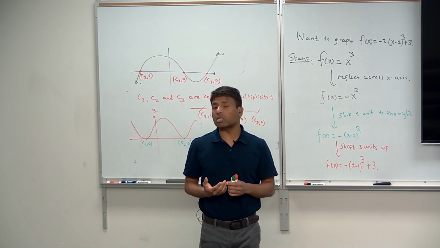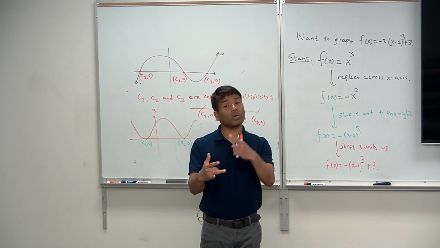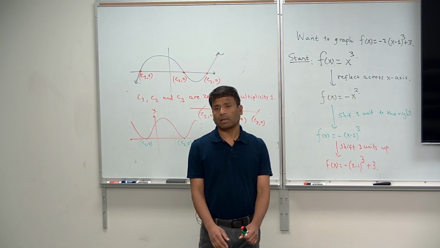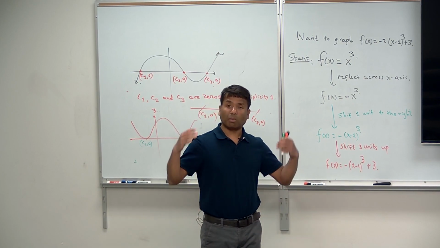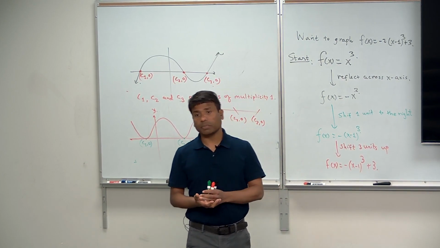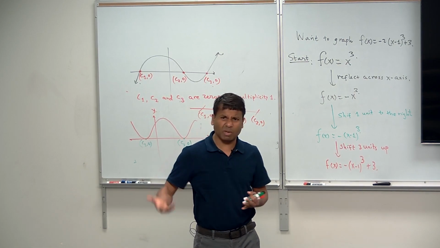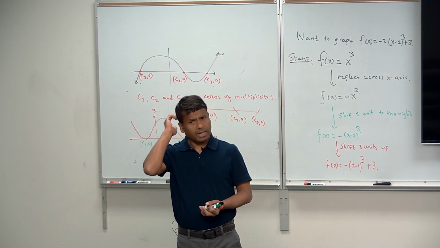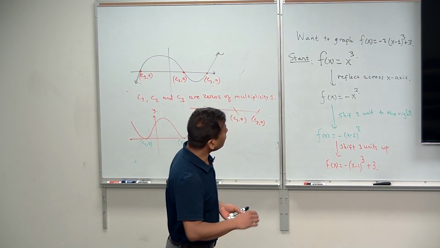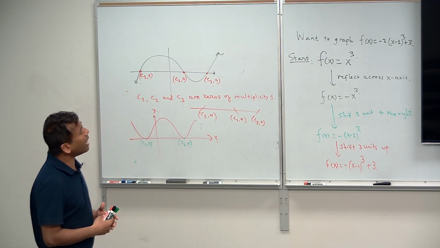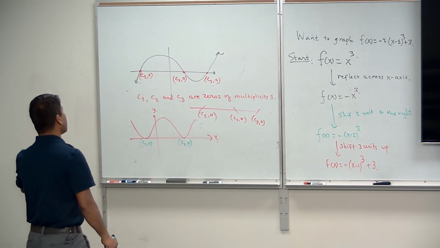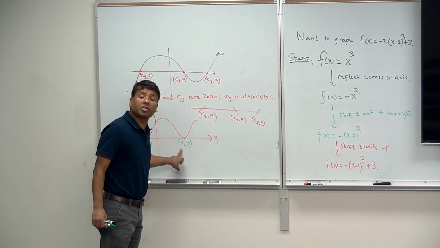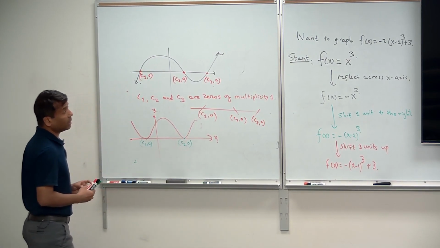The multiplicity of C1 can be 2, 4, 6, 8, 10, and so on. And similarly, the multiplicity of C2 is also even. You know what even means, right? So the graph is tangent to the x-axis at (C1, 0) and (C2, 0). C1 and C2 are zeros of even multiplicity.